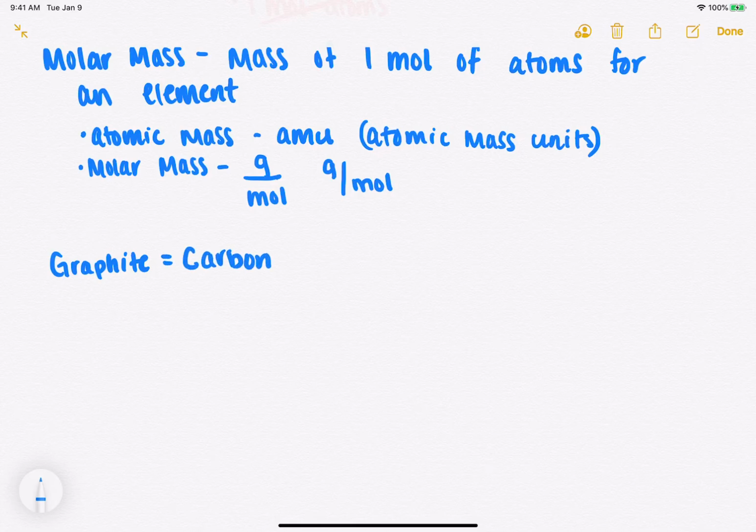So imagine that we have a sample of pencil graphite that weighs 0.0265 grams. So that's 0.0265 grams of carbon. And I want you to find the number of moles of carbon you have.